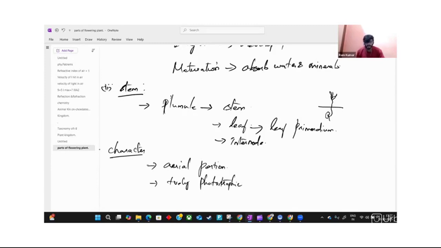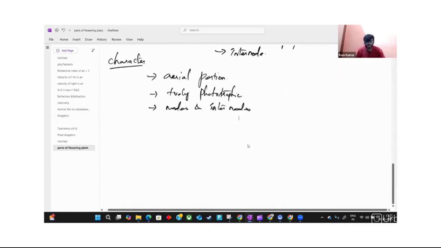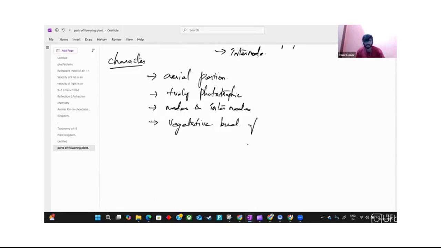It has nodes and internodes. Some stems bear a vegetative bud for growth of the plant.